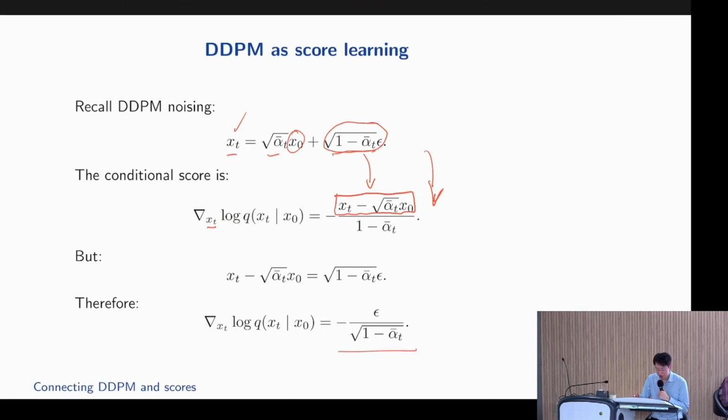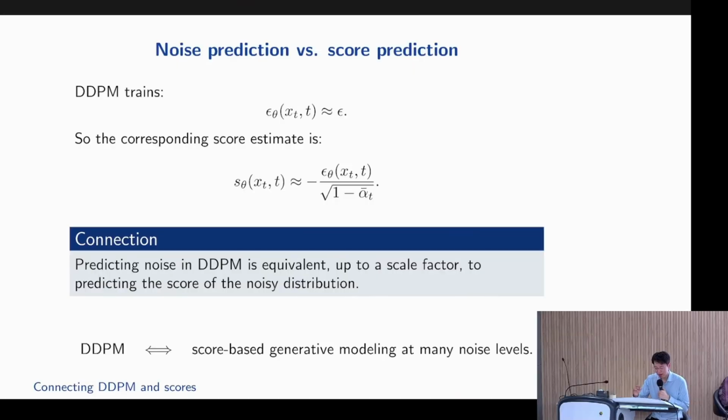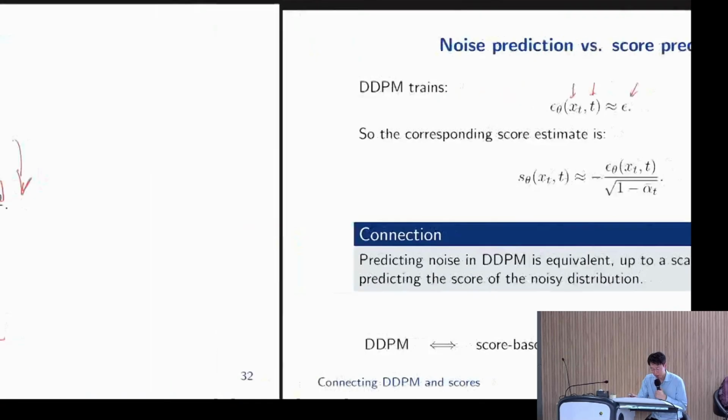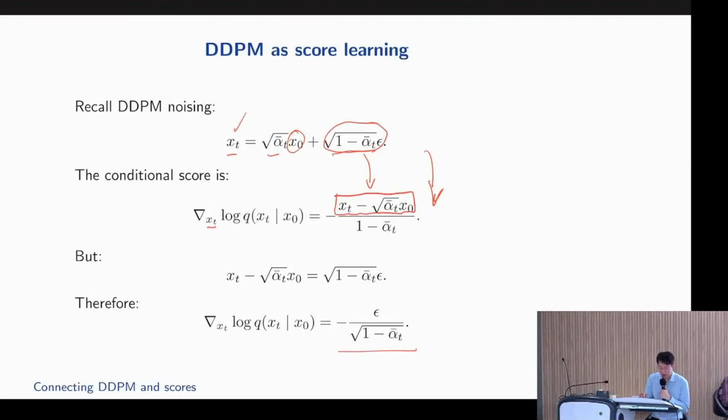And what does DDPM train? DDPM takes as input the current noisy image x_t and the noise index t, and tries to estimate the epsilon added to that x_t. And what is the corresponding conditional score? That was negative epsilon over some constant.